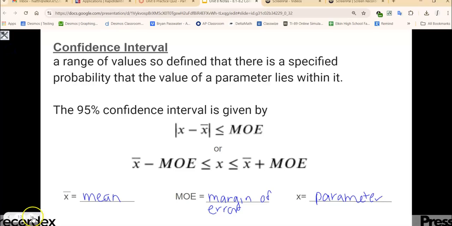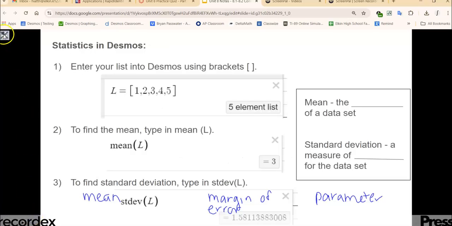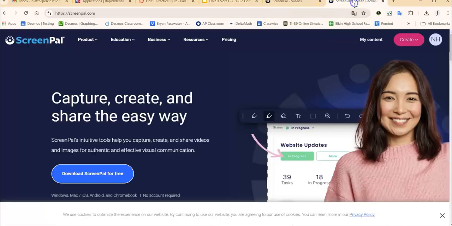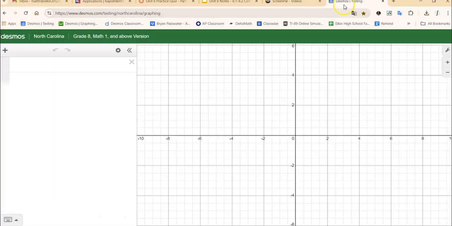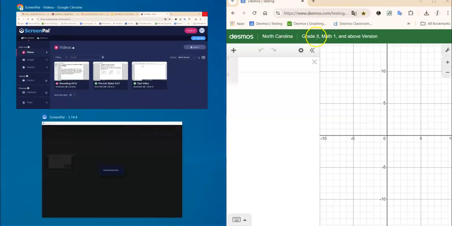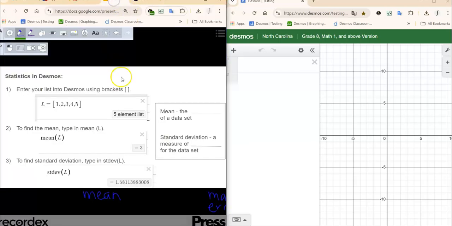So let's look at how to do this in Desmos. So Desmos will do everything we need it to do here for us. So we'll be using it for the majority of what we're looking at.